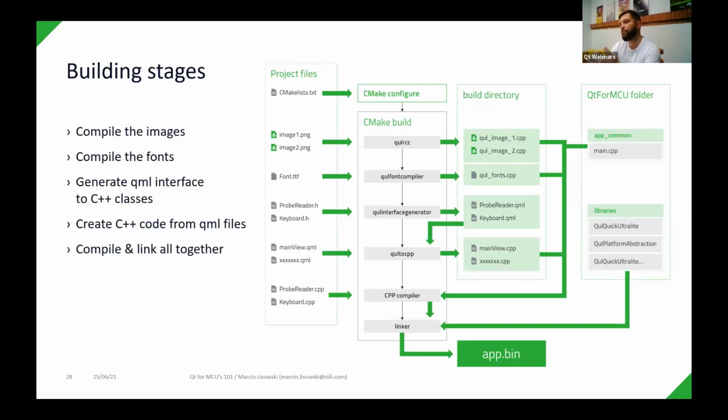So you have some input header files for your interfaces from the C++, and QL interface generator is converting those headers to QML representation to let the next tool know how to integrate your C++ logic together with the QML logic.